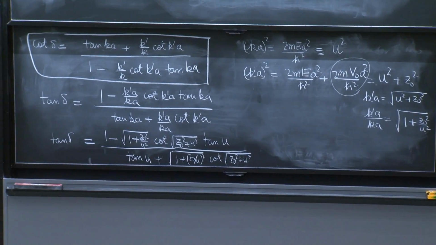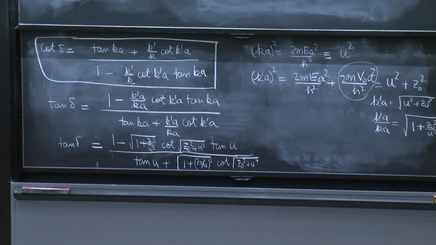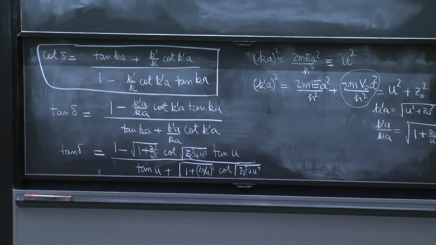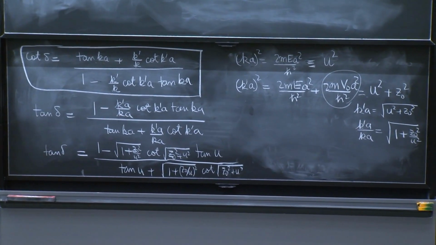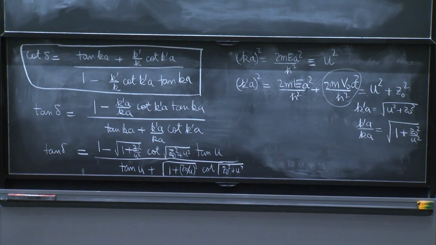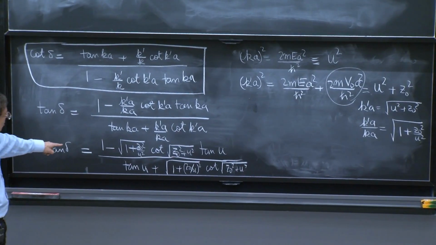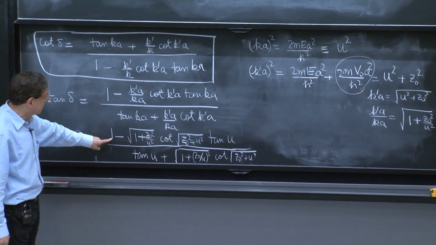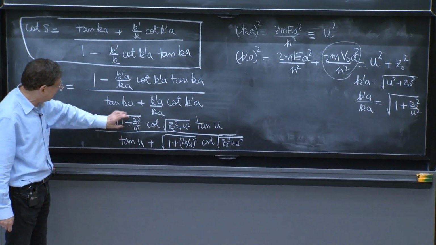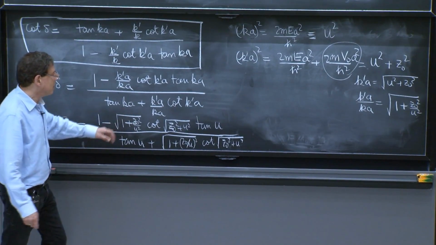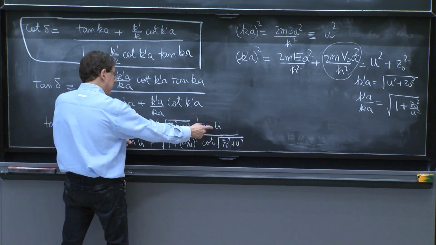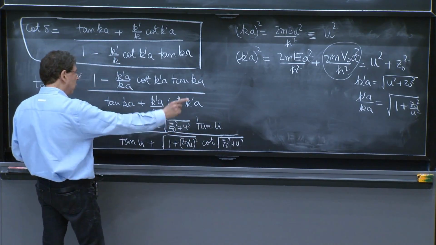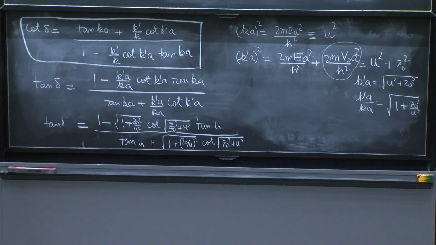In this expression, you can also see what goes on when u goes to 0. Not immediately, it takes a little bit of thinking, but look at it. As u goes to 0, well, this number is a 1, that's perfectly okay. That seems to diverge, goes like 1 over u, but u going to 0, this goes to 0, so the product goes to a number. So the numerator goes to some finite number.